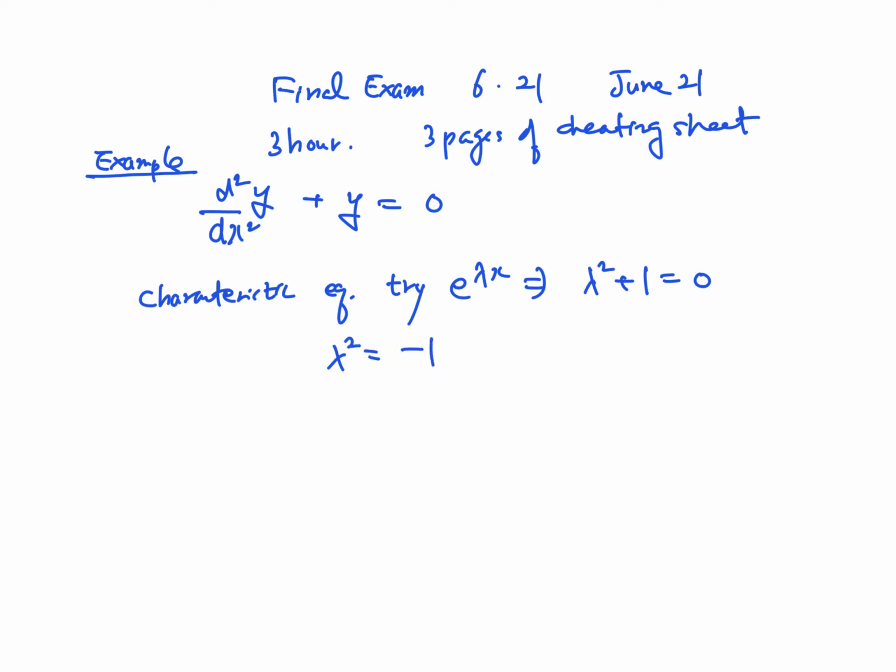A very strange number, right? Lambda is the square root of minus 1. We define it as i, the imaginary number. Then the trial solution is a very strange form.